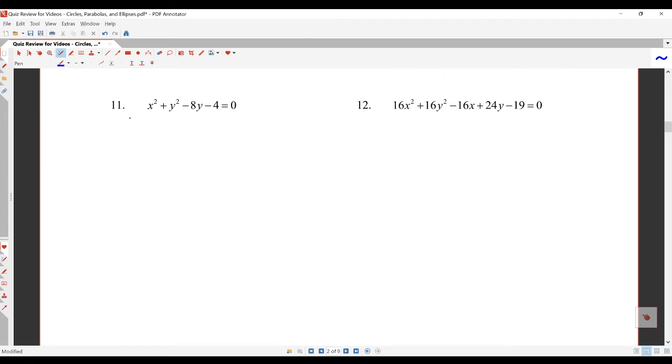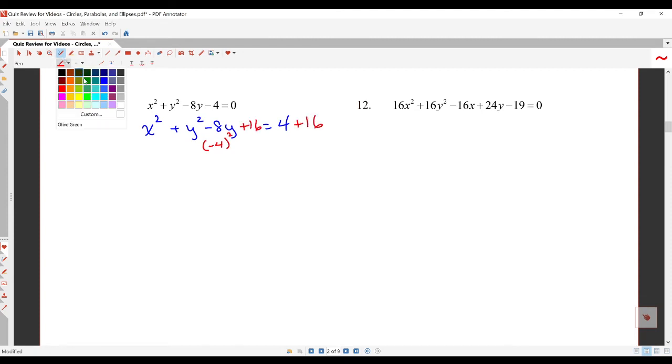Number 11. So we have, again, rearranging our terms, x squared plus y squared minus 8y equals 4. There's no need to complete the square because we don't have any x term. Half of -8 squared is 16. So we add a 16 to both sides.